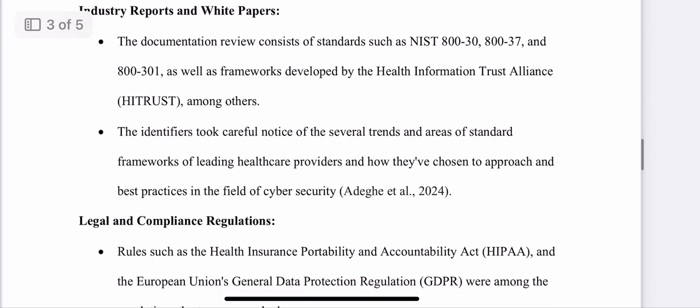They took careful notice of several trends and areas of standards and frameworks leading the healthcare providers, and which approaches and best practices they chose in the field of cybersecurity.